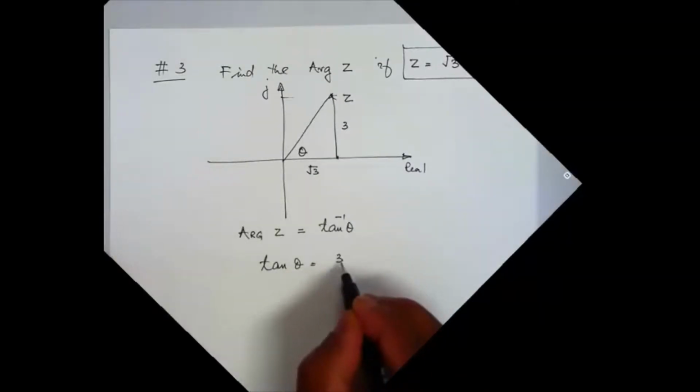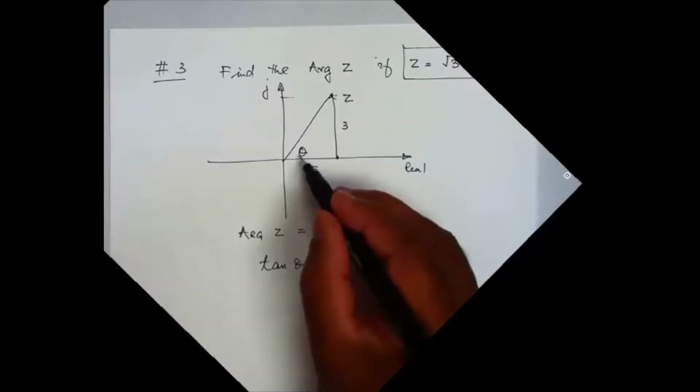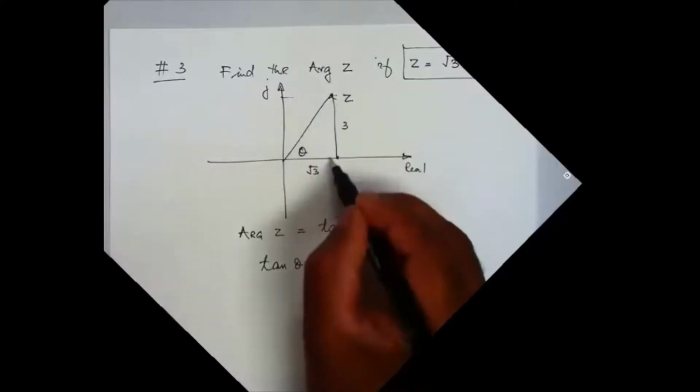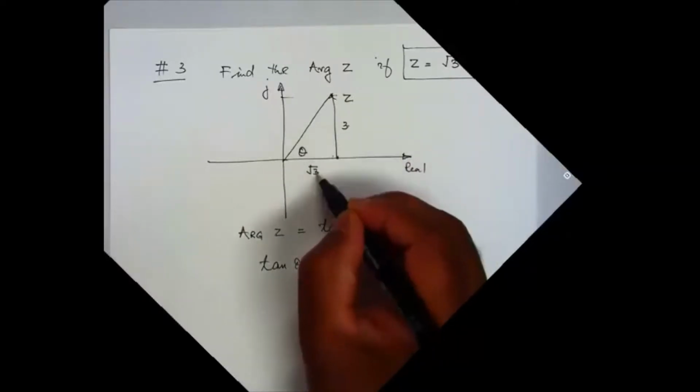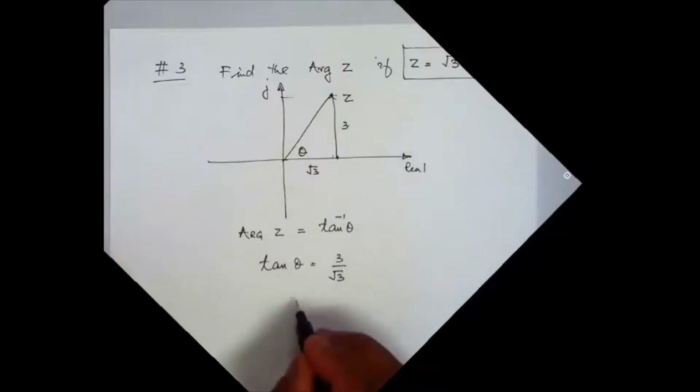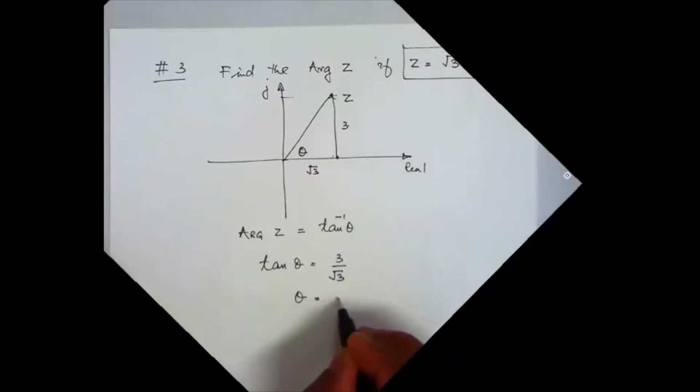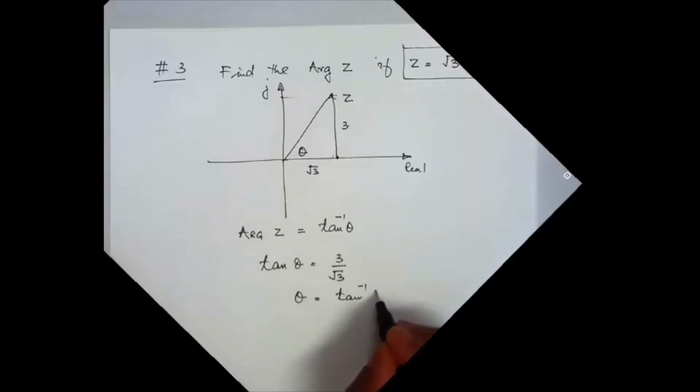So in this, tan theta is 3 over root 3, because this is a right angle triangle, and theta is equal to tan inverse 3 upon root 3.